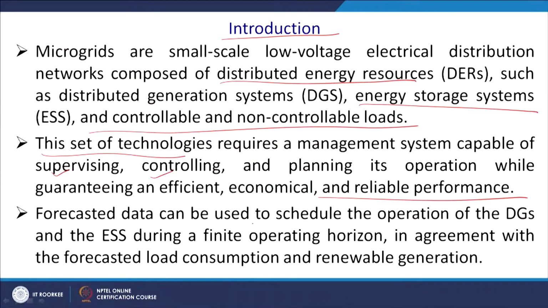And then what? Forecasted data can be used to schedule the operations of the distributed generations. When you have forecasted data that solar will be this much generation and wind will be this much generation, and the ESS during the finite operating horizons, the mismatch will be fed into or taken from the storage element in agreement with the forecasted load consumption and the renewable generation.